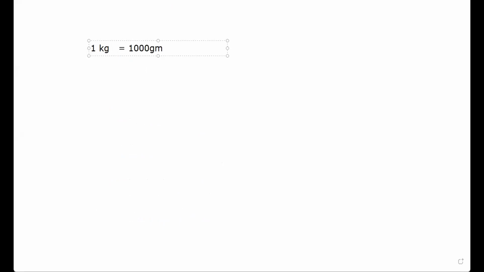Similarly, 14 kg is equals to 14,000 grams.